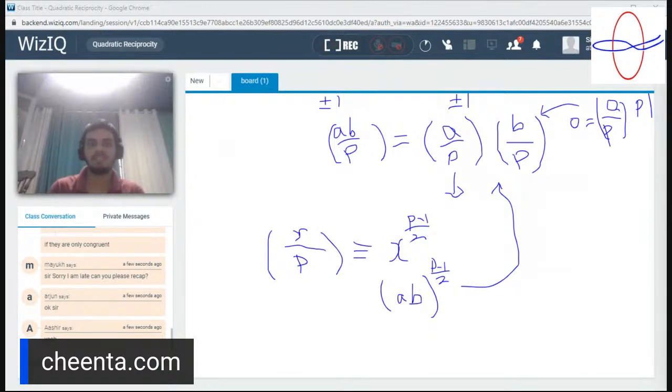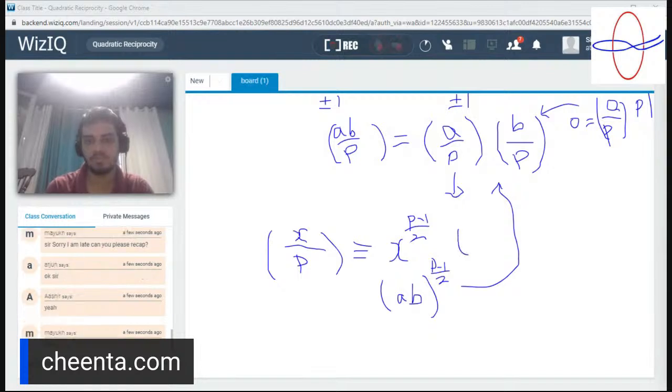And this can be easily proved by taking a detour using Euler's criterion, which states that (x/p) is congruent to x raised to (p minus 1) by 2 mod p. So (ab/p) is congruent to (ab) raised to (p minus 1) by 2, which is congruent to a raised to (p minus 1) by 2 times b raised to (p minus 1) by 2, which is congruent to the value on the right.